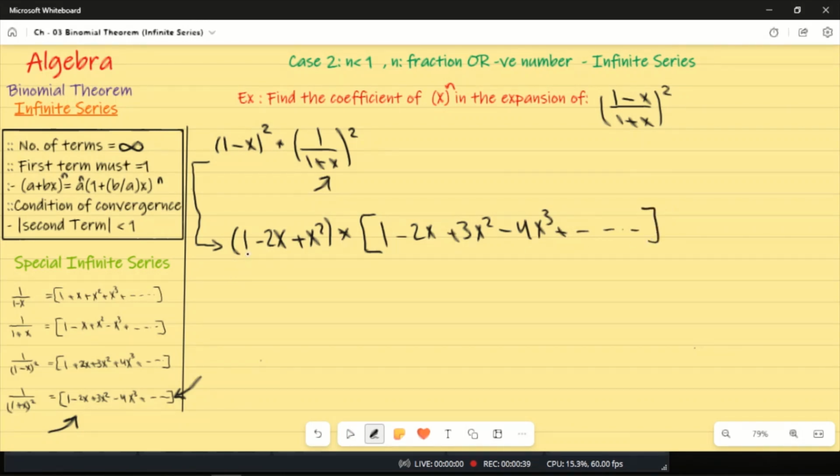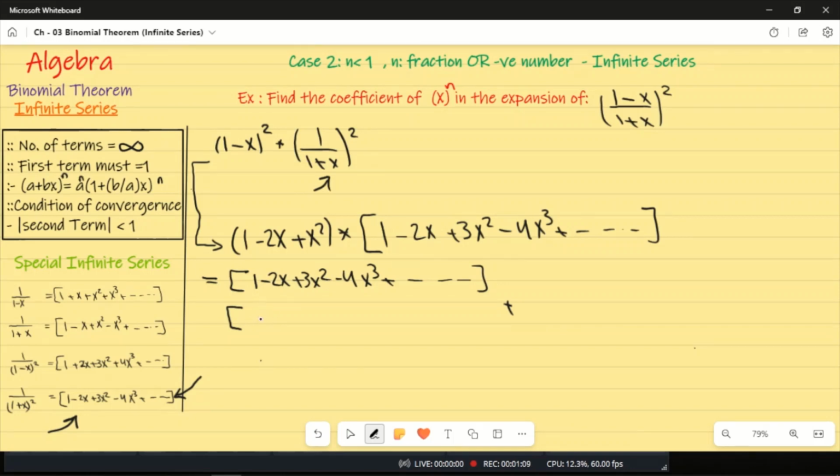Here just multiply 1, negative 2x and x squared into this series. So we have here 1 minus 2x plus 3x squared minus 4x cubed, plus multiply negative 2x into this.